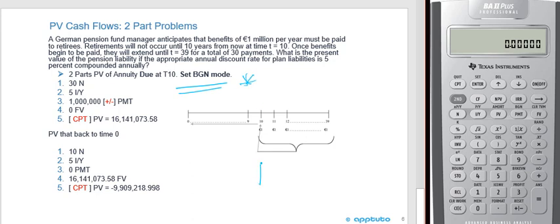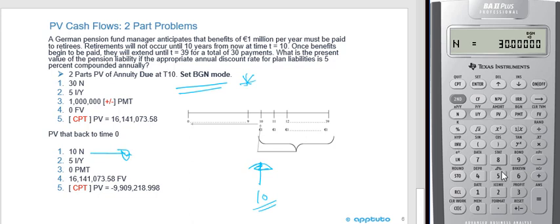So that first pension payment is due at the beginning of the 10th year. So if I want to use n equals 10, then I need to be in the beginning mode from the beginning of the question. Okay, so that's second, begin, second, enter, hit clear, clear. I see the little beginning mode. So I know it's the same type of thing. So it's 30N. I have to calculate the pension liability in the future.